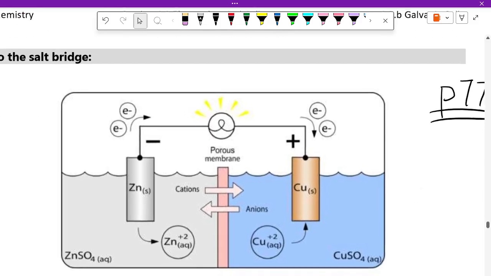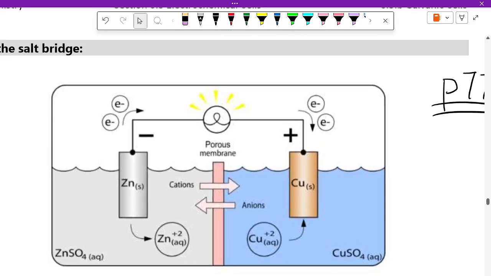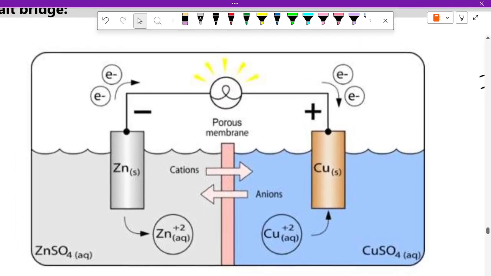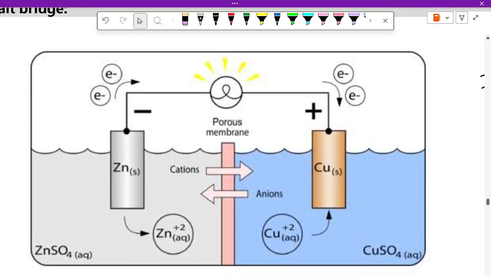So what you have is a container of some kind, and in the middle of that container is a porous membrane, or a porous barrier. And if that is the case, then you can have cations and anions move from one side to the other side. And why do cations and anions move?